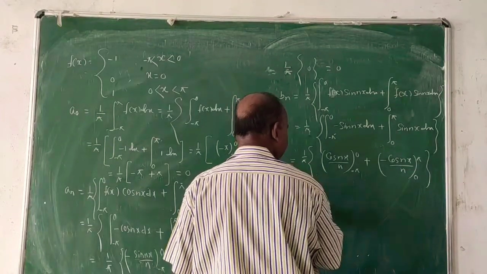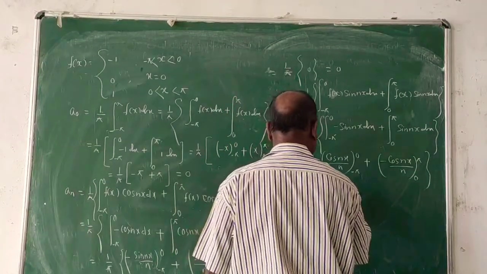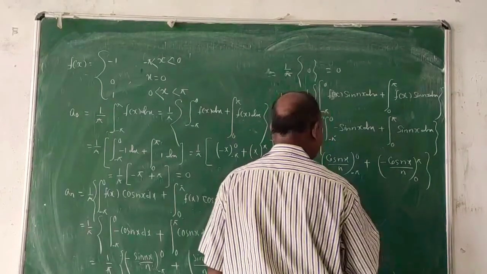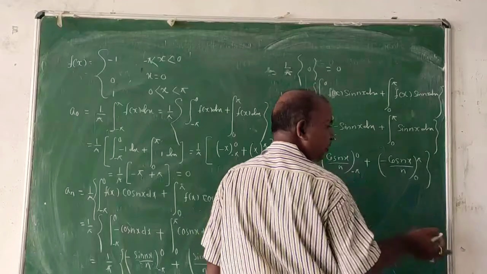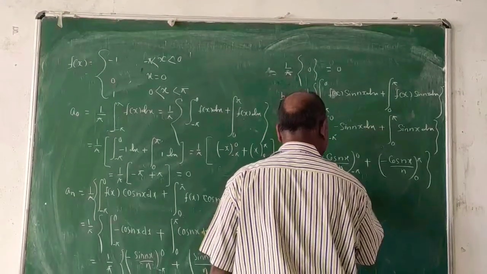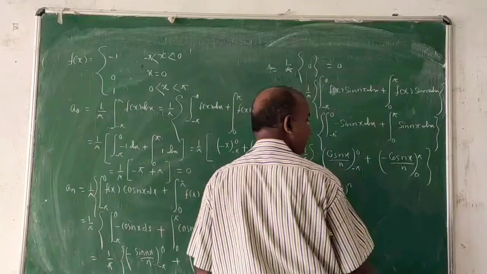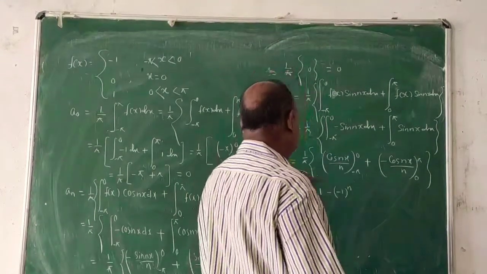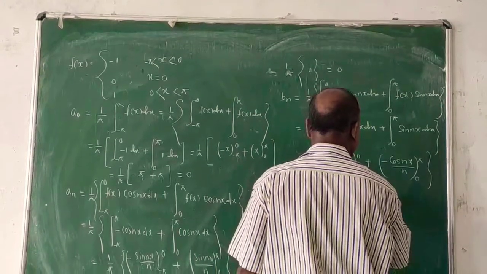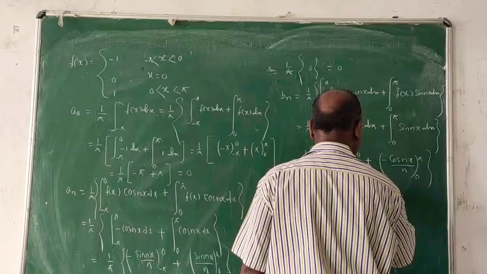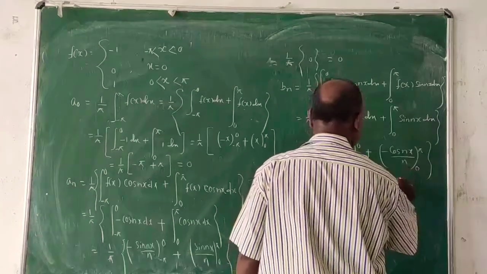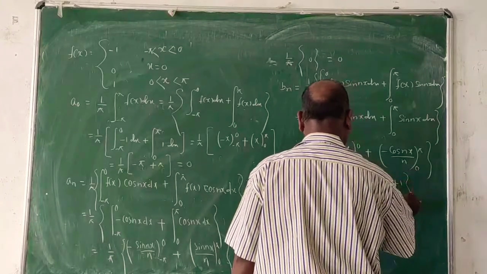Cos 0 is 1, minus cos of minus n pi, cos n pi is minus 1 to the power n, plus cos n pi, that is minus of minus 1 to the power n, plus 1.